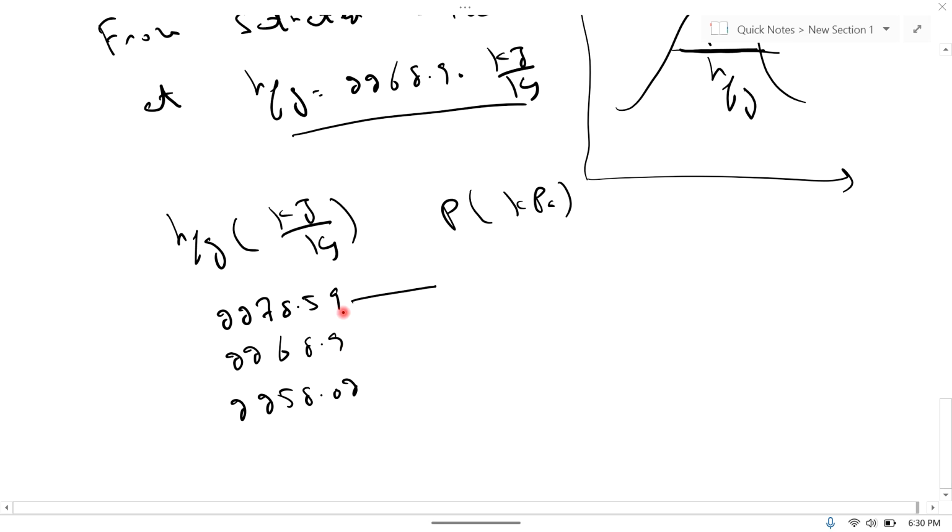So from the table, in front of this value the pressure is 75 and in front of this value the pressure is 100, and we have to find the pressure at this value.